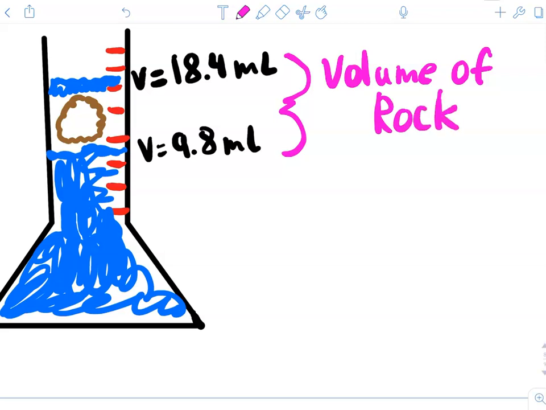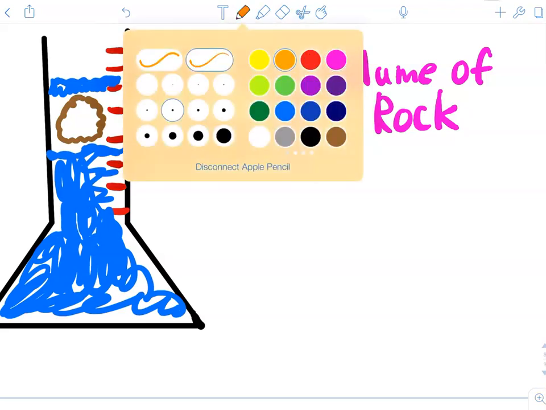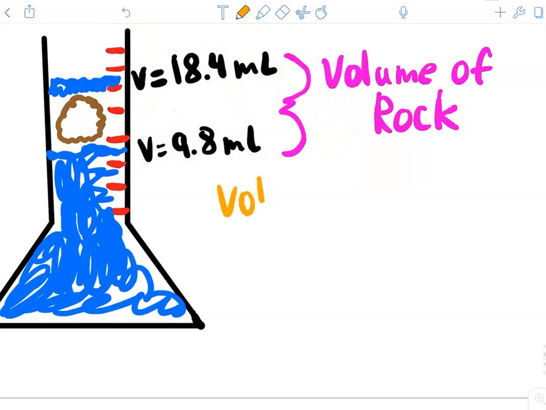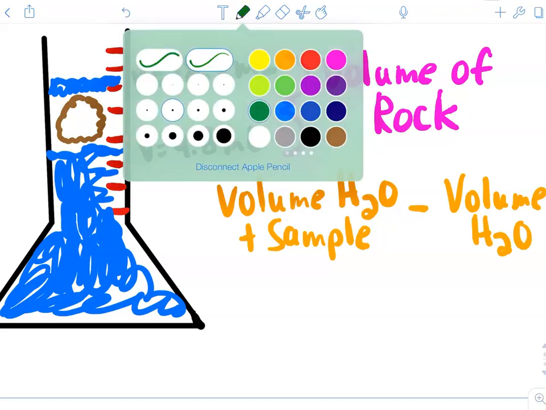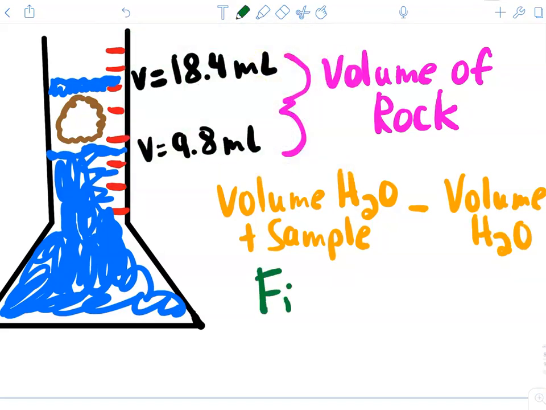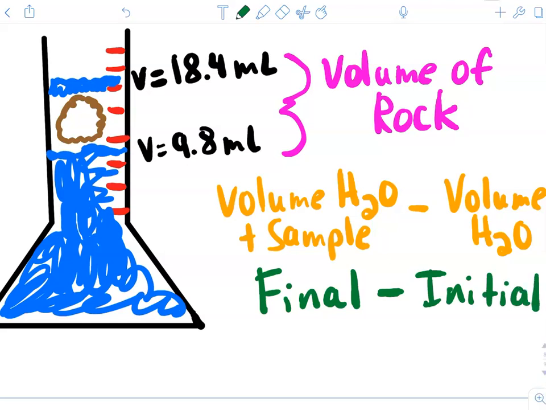And so the way that I do that is I have to look at the volume of water, which is H2O, plus our sample, which in this case is the rock, minus our volume of H2O, which really means that we're looking at our final minus our initial reading of the water.